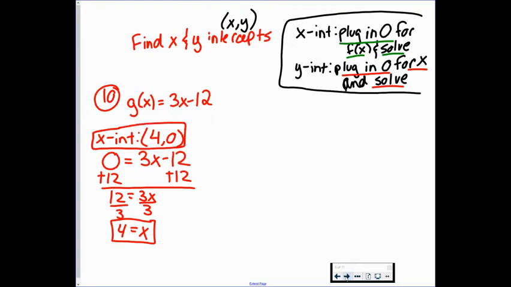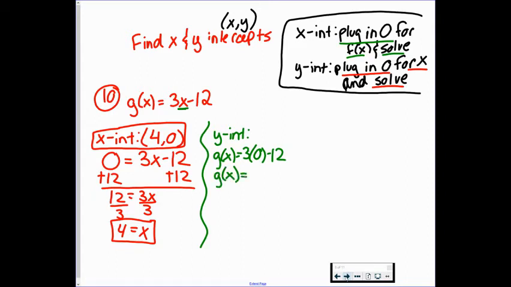So that's the x-intercept. Now to go get the y-intercept, I'm going to plug in 0 for x. So I put in 0 for the x right there. And then solve that equation. 3 times 0 is 0.